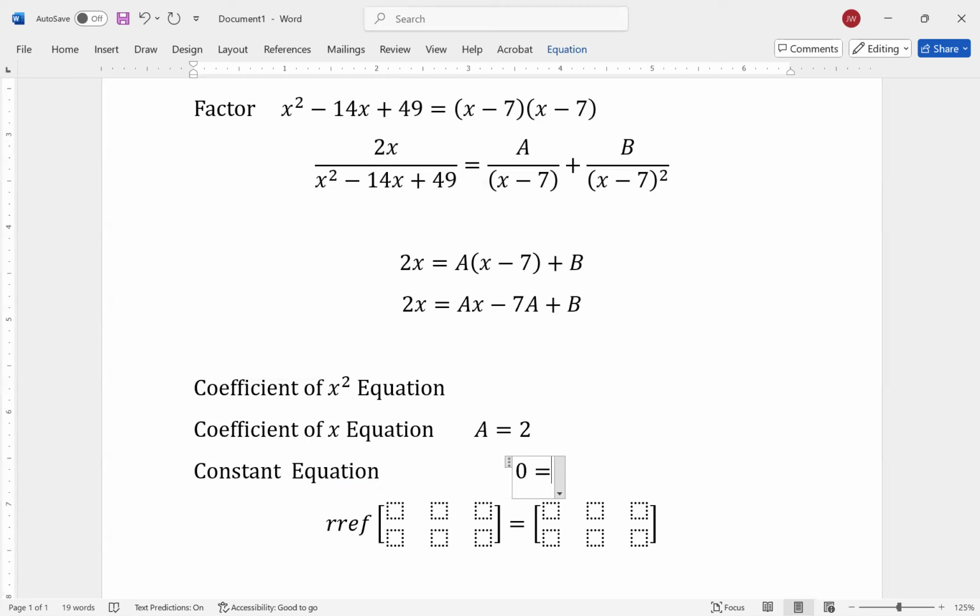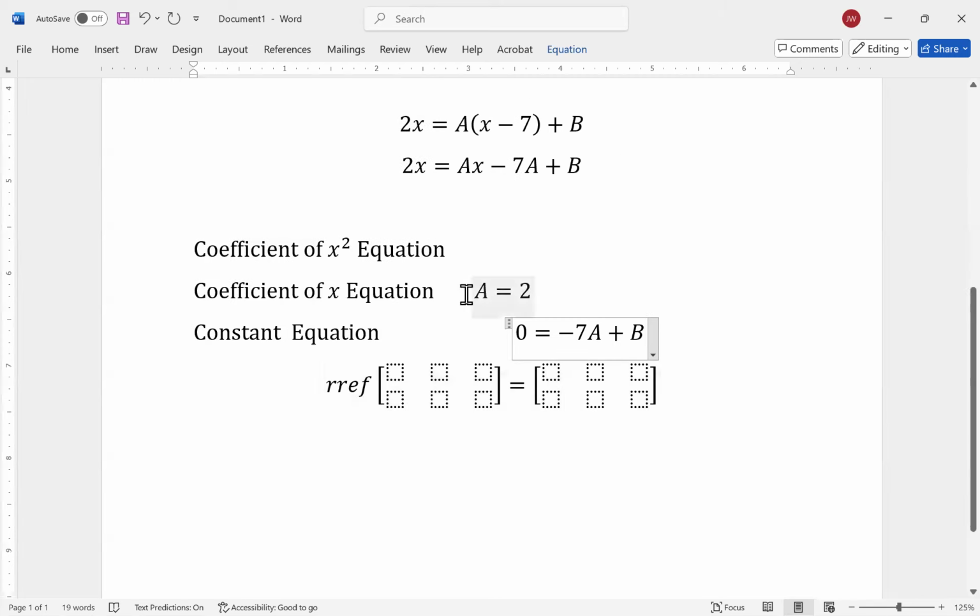On the right, the constant is negative 7A plus B. Now, if A is 2, it's pretty easy to see that B has to be 14. So if A is 2, B is 14.